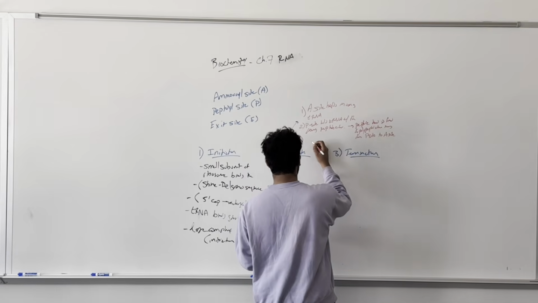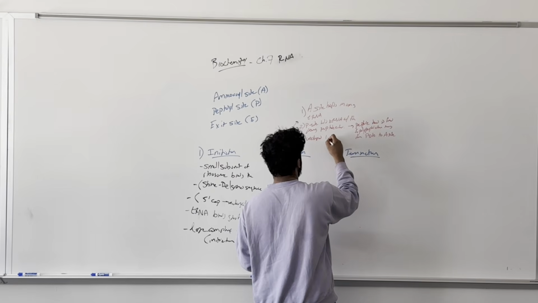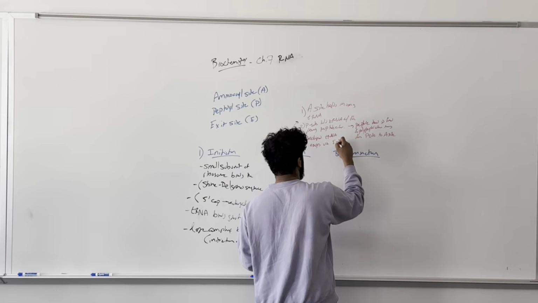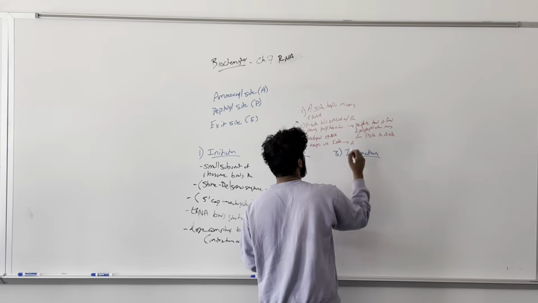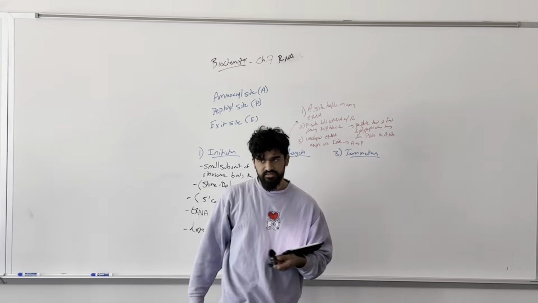And finally, the third step is that the uncharged tRNA, meaning no amino acid, escapes via the E site. And the thing in the A site, which is now the polypeptide, moves to the P site. And we repeat.